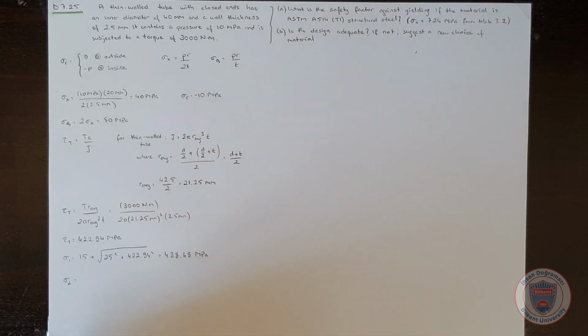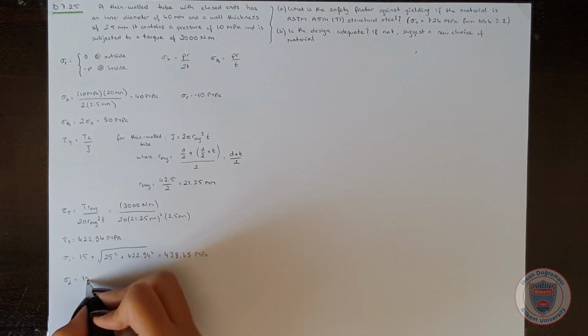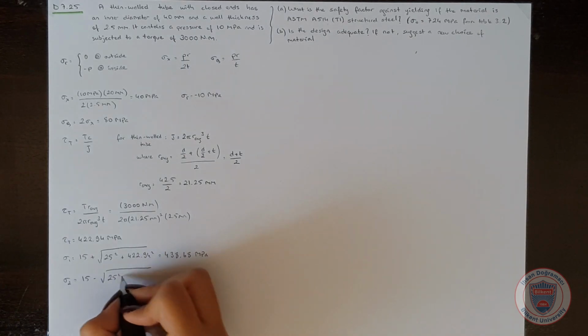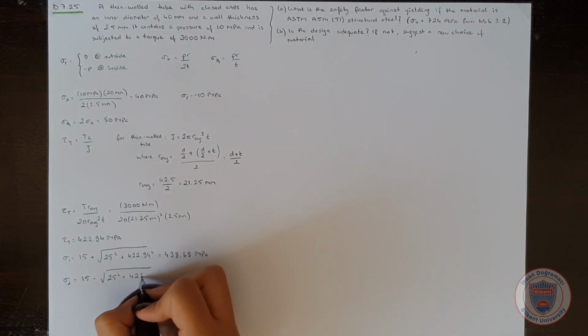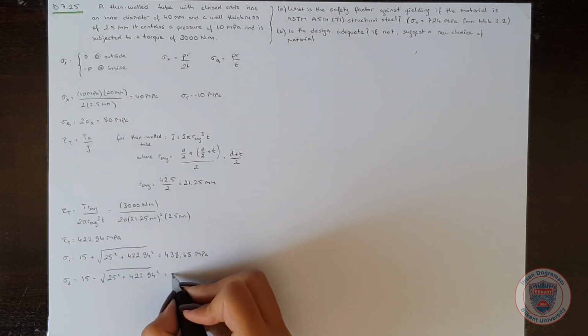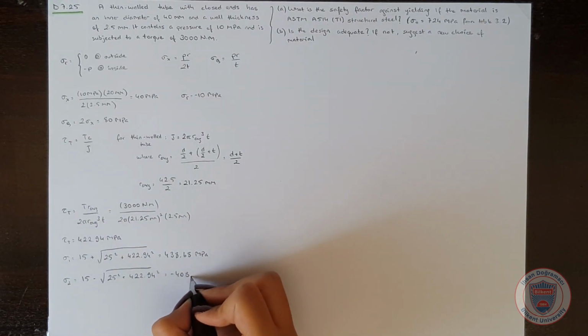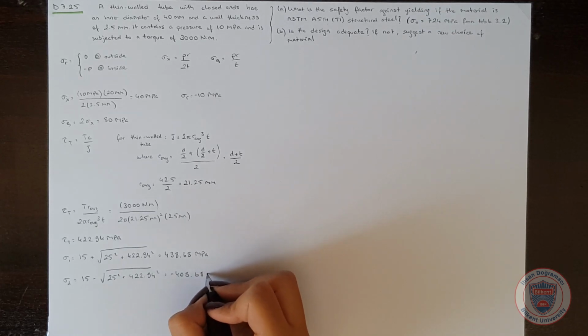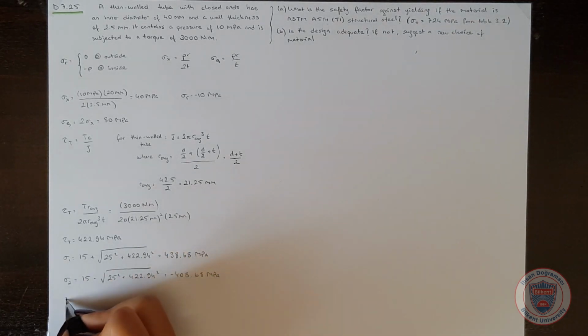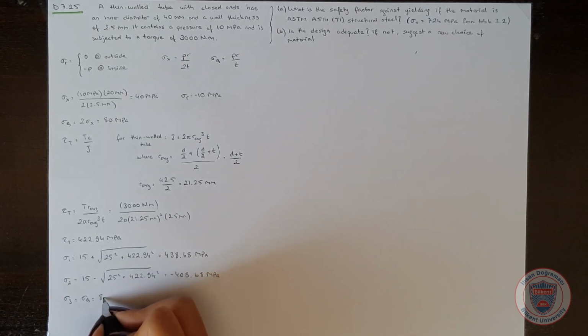And sigma 2 will be 15 minus the square root of 25 square plus 422.94 square, and it will be minus 408.68 MPa. And we know that sigma 3 will be equal to sigma theta, which is 80 MPa.